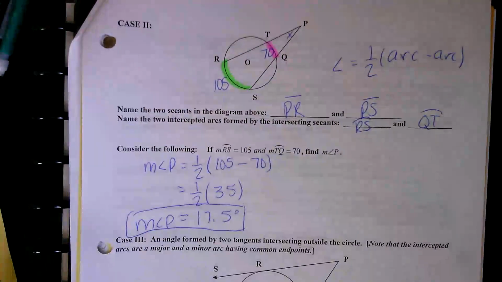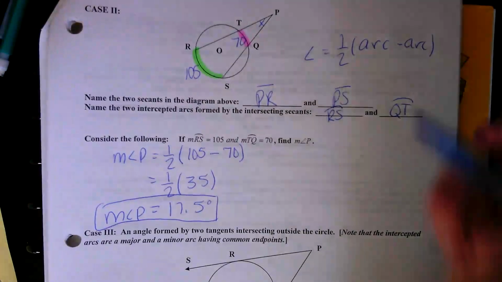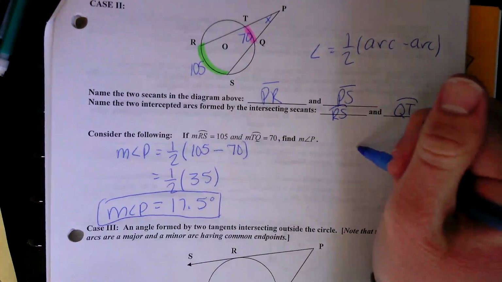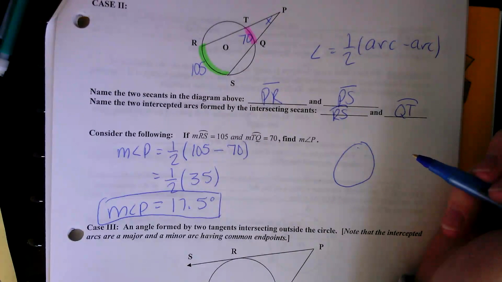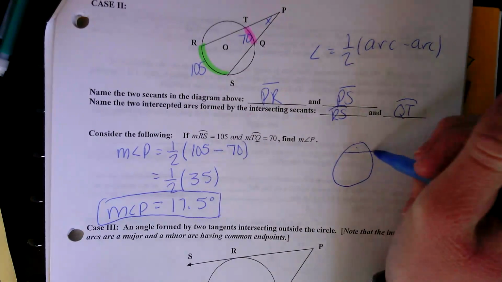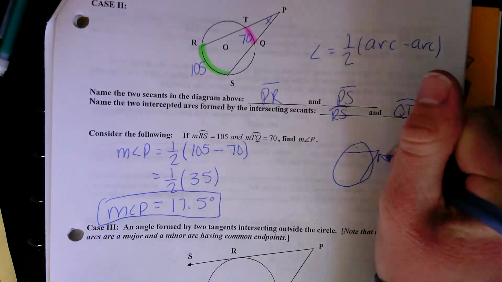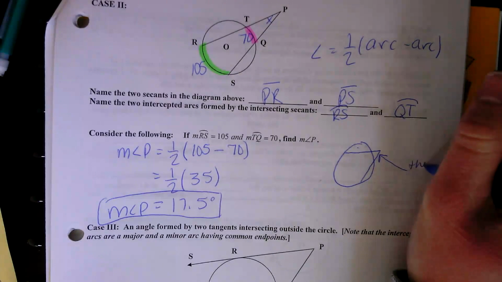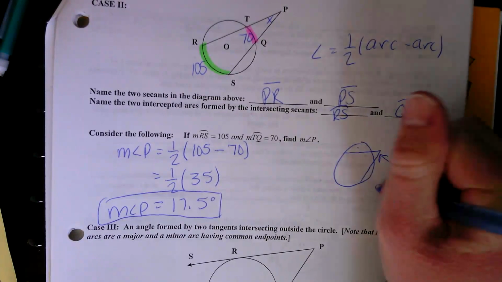Okay. Now, before we move on to the next example, one thing I do want to mention is that the closer the vertex is to the circle, the bigger the angle is going to get. Okay, so if I had a secant, let's just say like that and like that, the angle is going to be bigger.